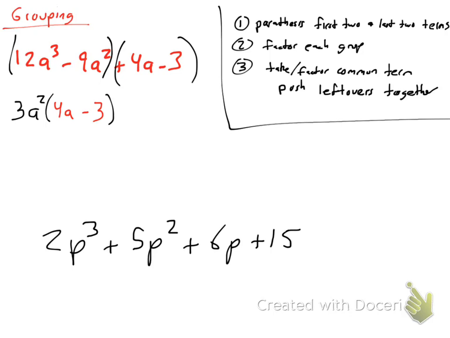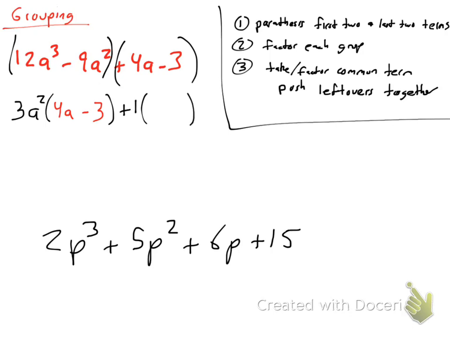Now, if you look at 4a minus 3, you're probably thinking, I can't take anything. There's nothing in common. There's no variable a's in both of them, and 3 and 4 definitely don't jive. So, guess what? You still can take something. You can take a positive 1, because this group is the exact same thing that I had in the first group.